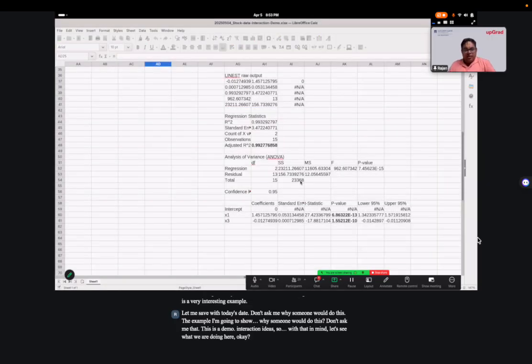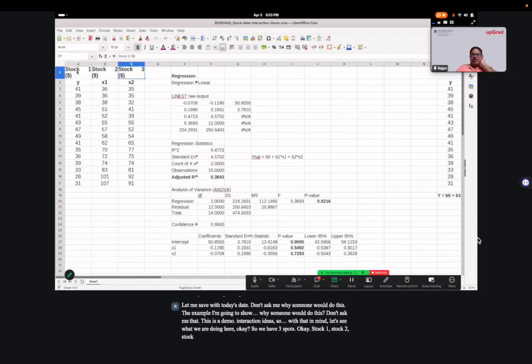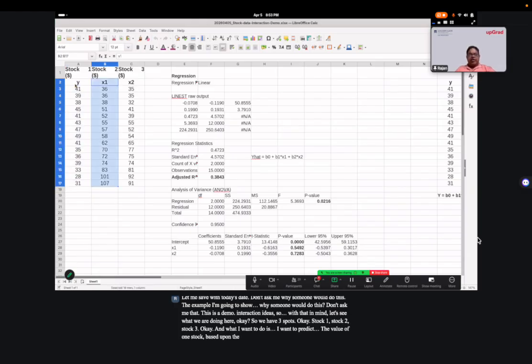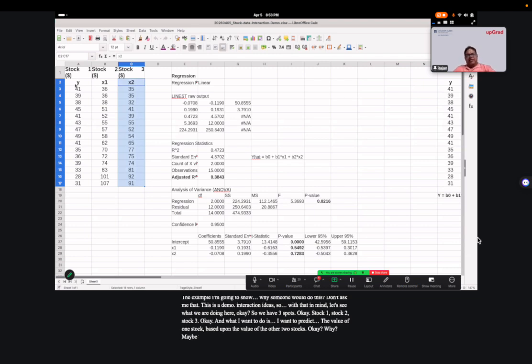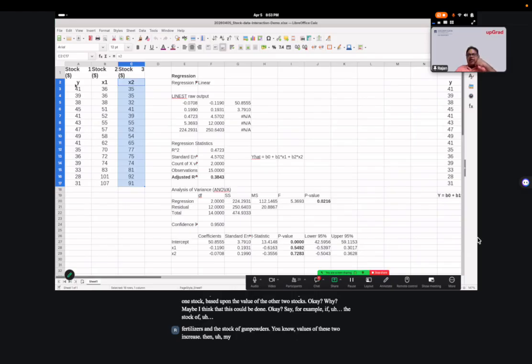So we have three stocks. Stock 1, stock 2, stock 3. And what I want to do is predict the value of one stock based upon the value of the other two stocks. Why? Maybe I think this could be done. Say for example, if the stock of fertilizers and the stock of gunpowders both increase in value, then my price of onions might go up.